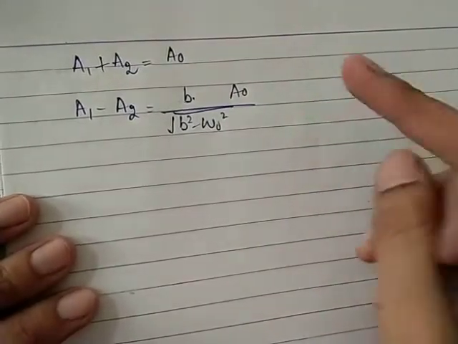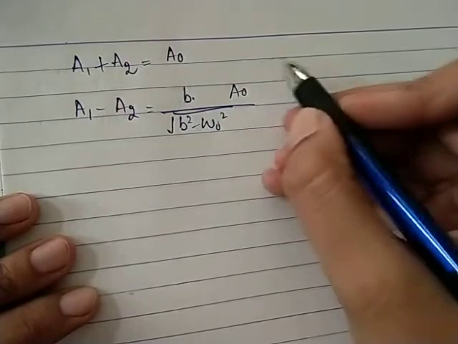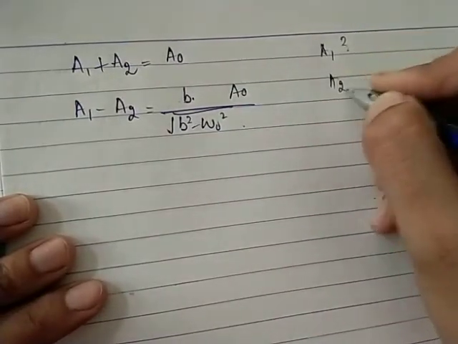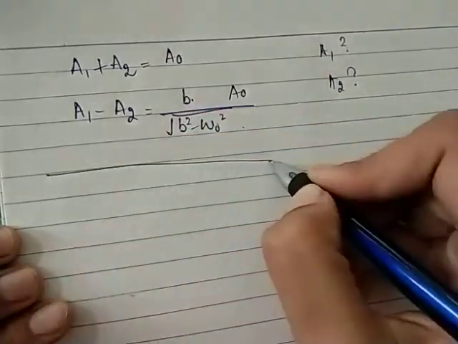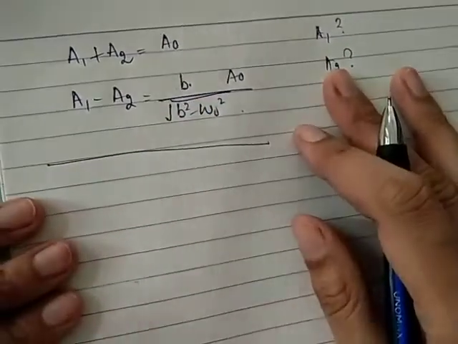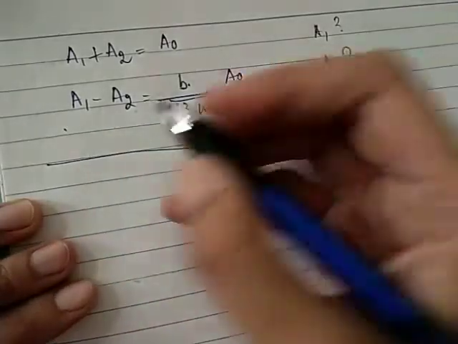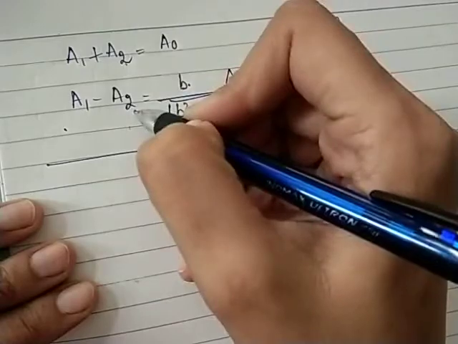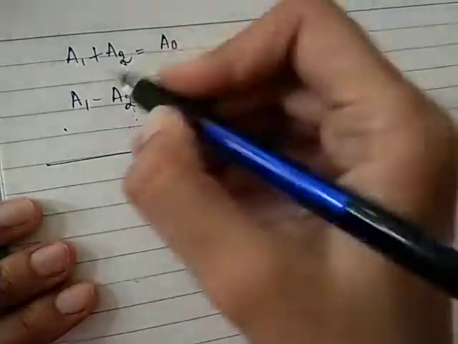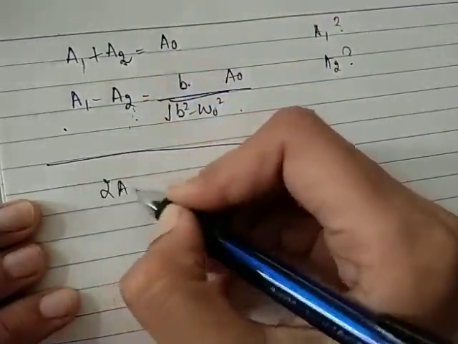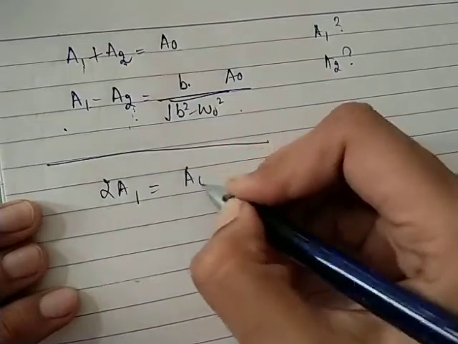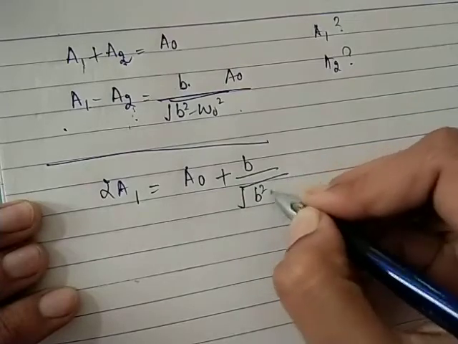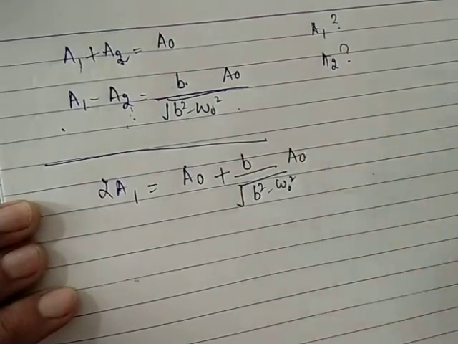I just need to solve these equations to find the values of a1 and a2. I'm going to add both of these equations to find the value of a1. When I'm adding both equations, the a2 part would be cancelled. So I will have 2a1 is equal to a naught plus b upon under root b square minus omega naught square a naught.